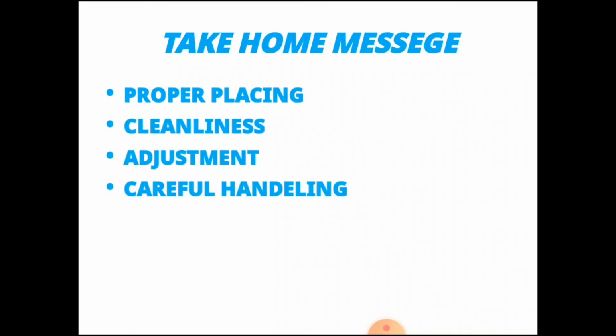Careful handling, because the lens of the eyepiece and the lens of the objective are made of very soft materials. So handle the microscope carefully, and keep it safe for the next use.